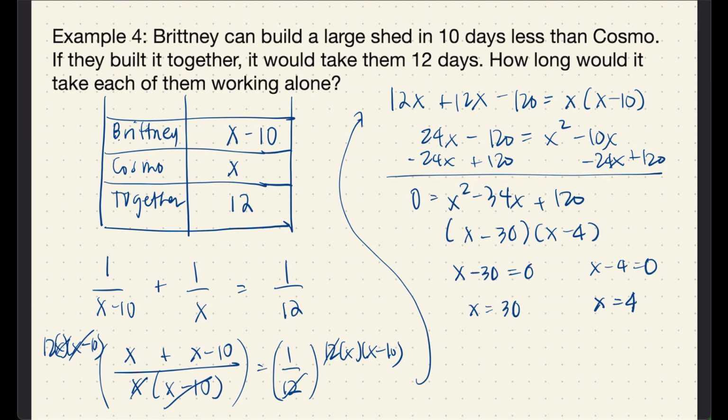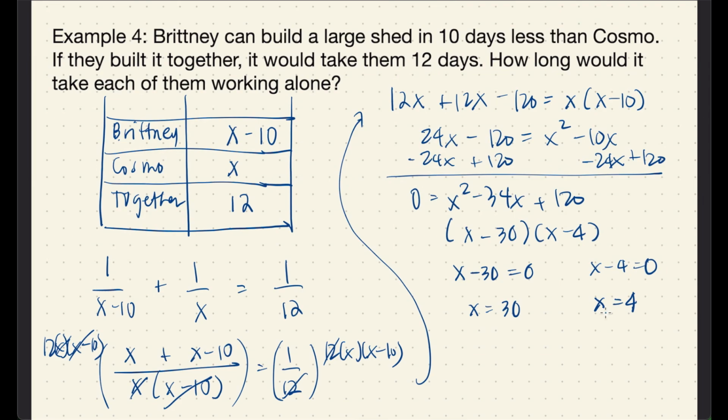However, we need to verify which of these will be accepted, because it says there in the problem, Brittany can build a large shed in 10 days less than Cosmo. So the one that we got is Cosmo's time to complete the large shed.